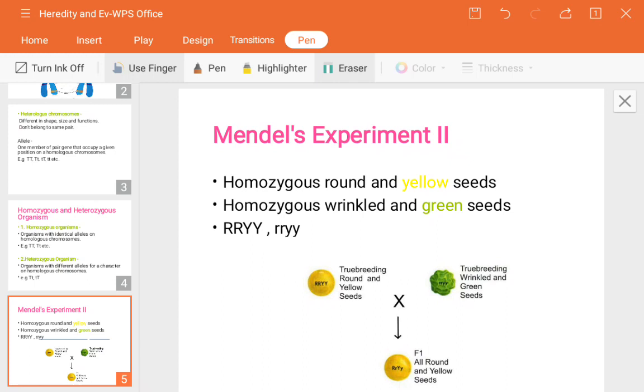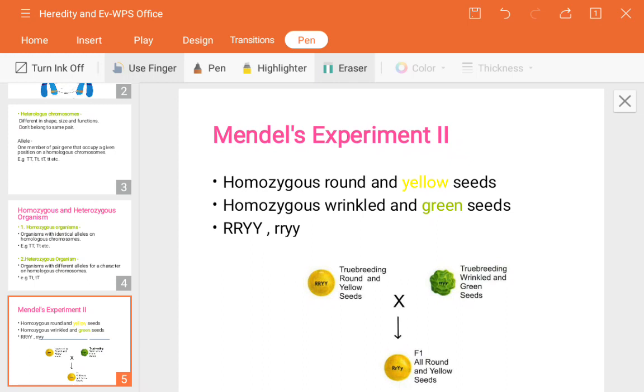In the first experiment, he chose the tall and dwarf stem, or you can say plant. Next, he crossed or pollinated it. So what happened then? Each allele has to carry one member of each character.